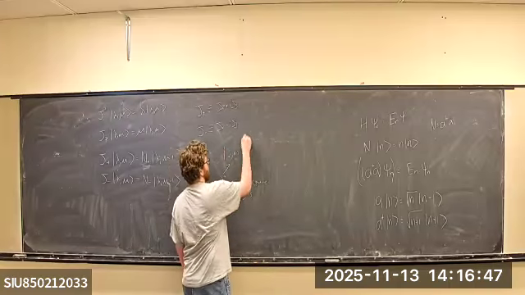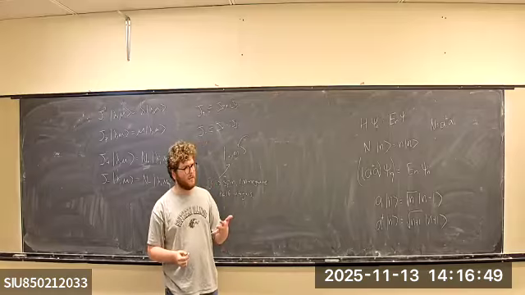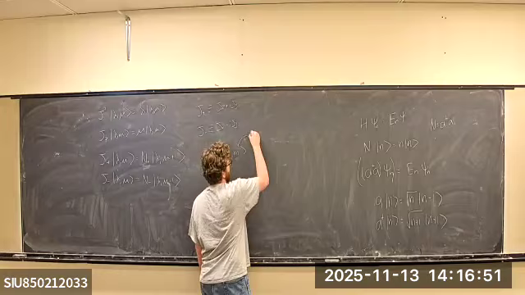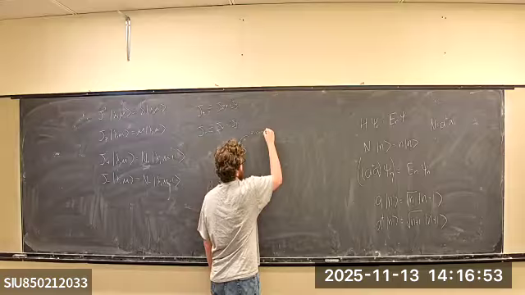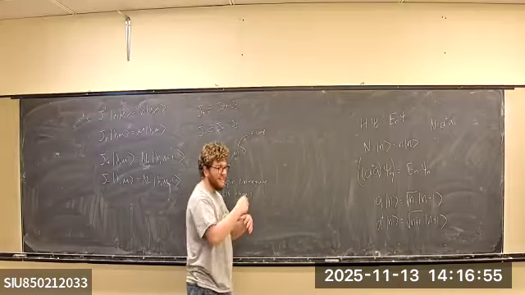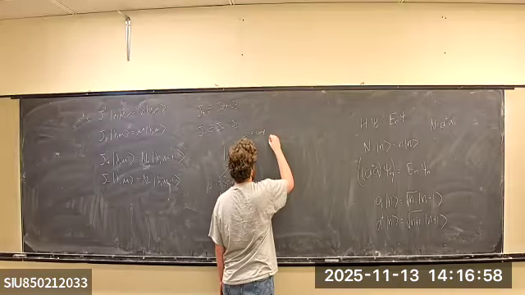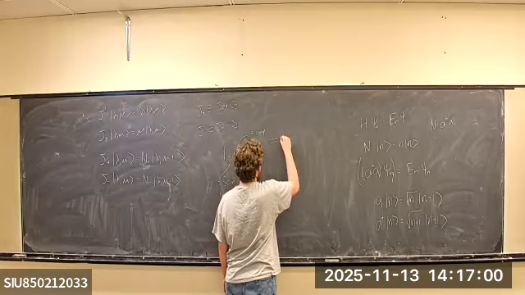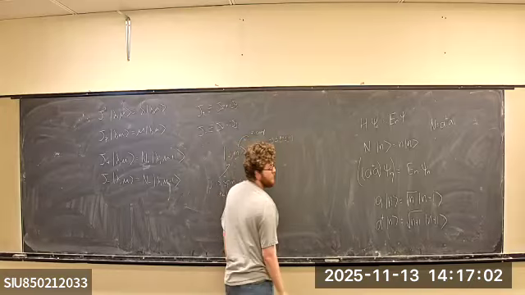And m, sometimes called the magnetic number, but I'm just going to call it the z component, runs in integer steps from minus j to positive j.